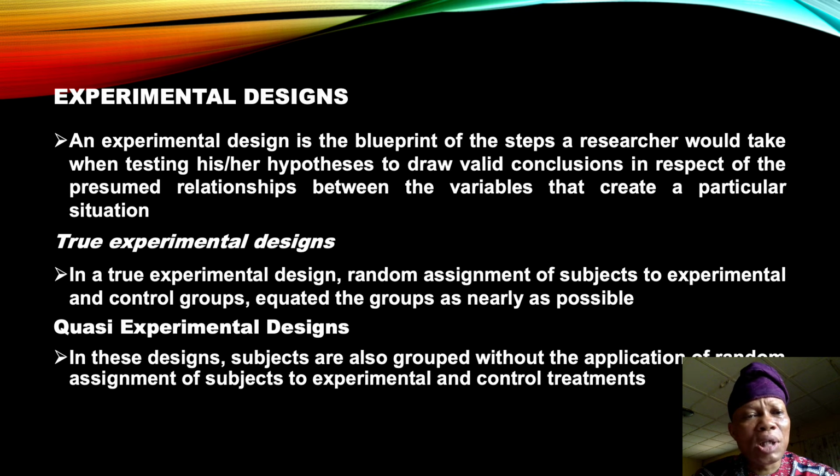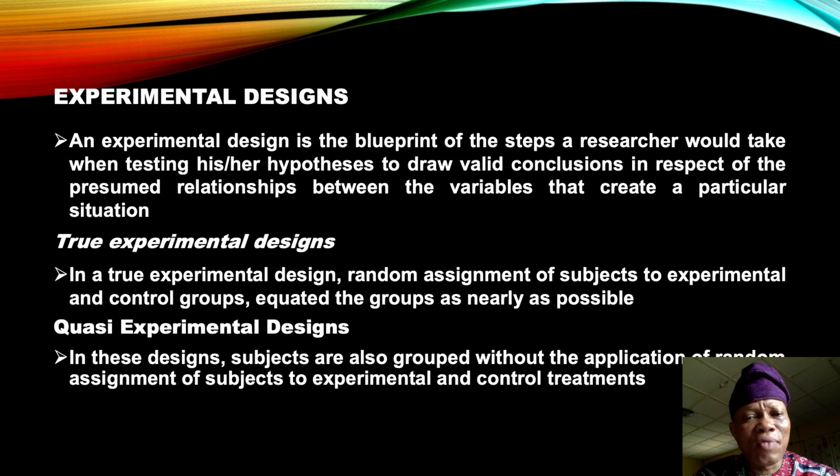Now we go to experimental design. An experimental design is the blueprint of the steps a researcher will take when testing his or her hypothesis to draw valid conclusions in respect of the presumed relationships between the variables that create a particular situation.